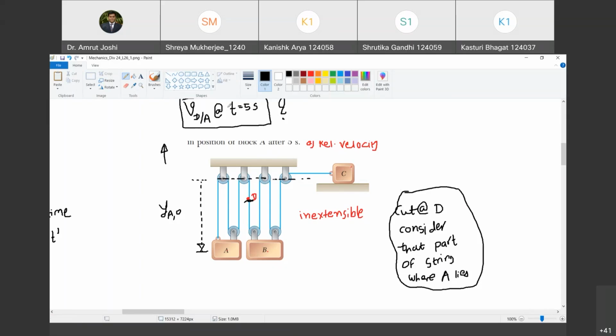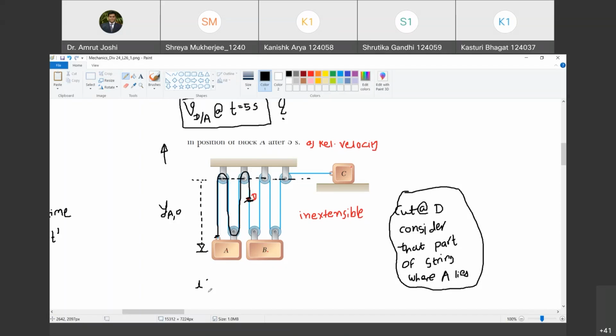Okay. So now, tell me, as this point D on the string moves up and down, however, the length of this much portion of the string has to remain constant. Do you agree with me? Yes, sir. This length should remain constant, right? Yes, sir. This has to be constant.